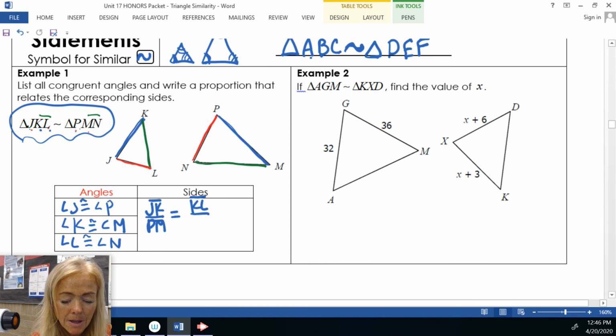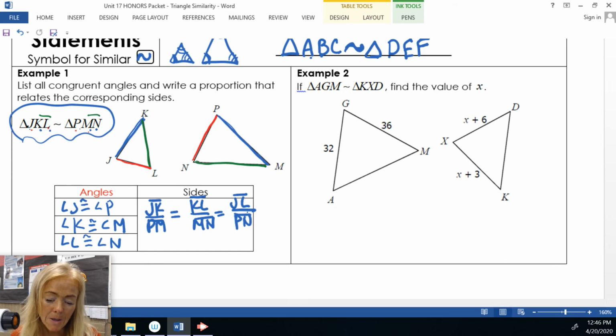I'm looking at my statement over there to make sure that I state them in the correct order. And then JL corresponds to PN. All right, so that's the ratio as they go. That's one thing that we do.